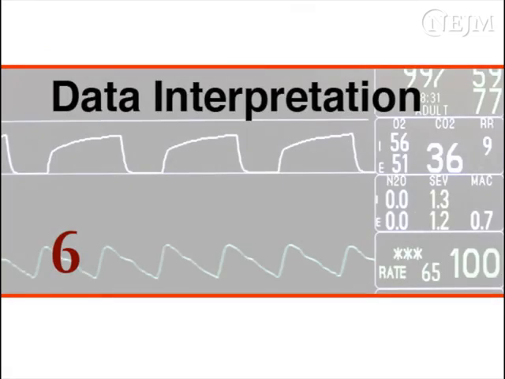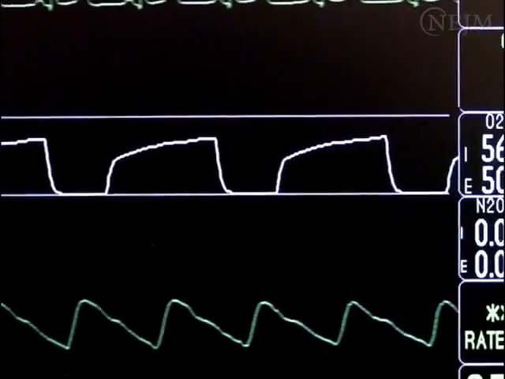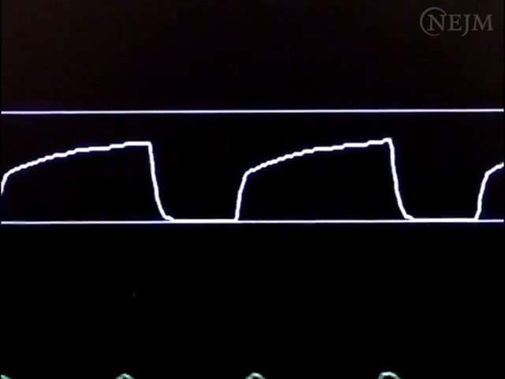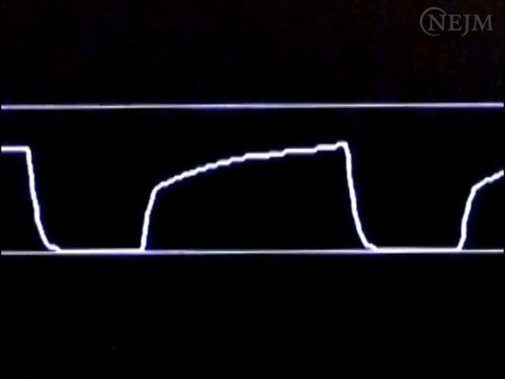Data interpretation. A normal capnogram shows a regular, nearly square waveform that oscillates at the same frequency as the patient's respiratory rate. During inspiration, the capnogram should be at 0 as the patient breathes in fresh gas. When the patient starts to exhale, the first gas exhaled will be from the anatomical dead space and will contain little or no carbon dioxide.